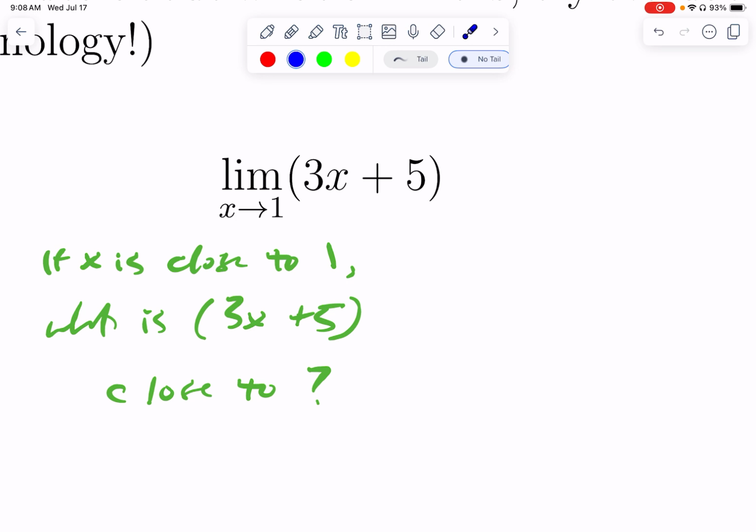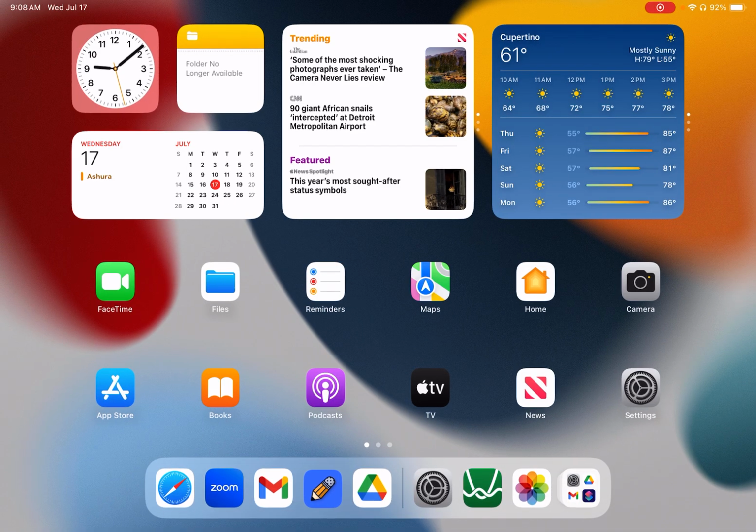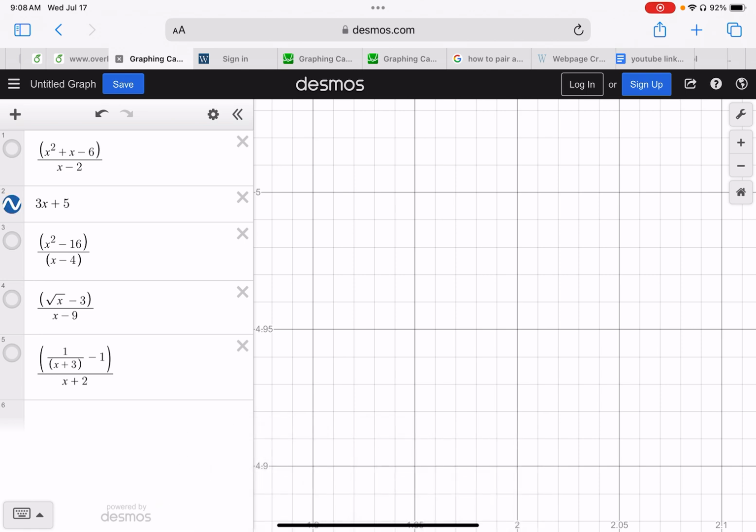Well, x is close to 1. That's 3 times x. 3 times something close to 1 is close to 3. Take a number close to 3 and add 5. I should be getting an answer that's close to 8. If x is close to 1, this computation seems very straightforward, and I get an answer close to 8. We can confirm this with a graph.